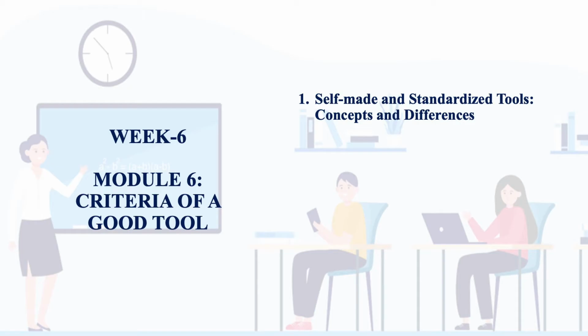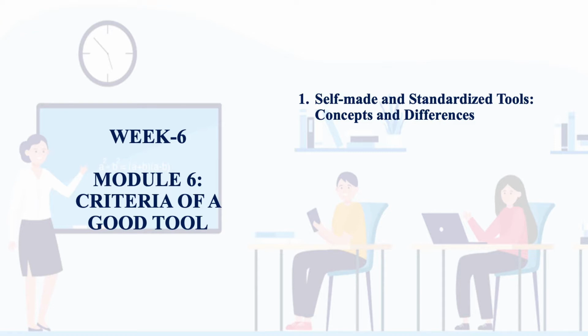Friends, this is one of the video lessons of the 6th module of your online course, BES 1 to 7, Assessment for Learning. In the 6th week you have to study the 6th module. The title of the module is Criteria of a Good Tool, and in this module there are 3 video lessons.